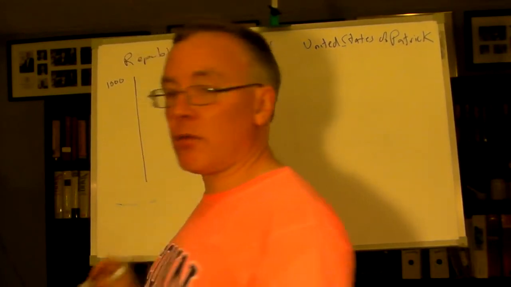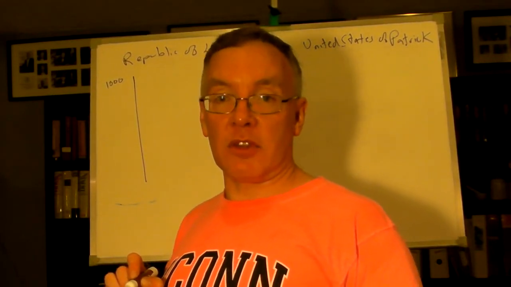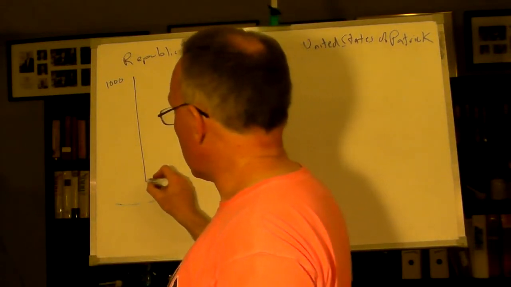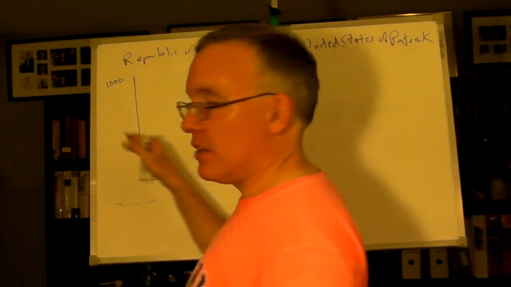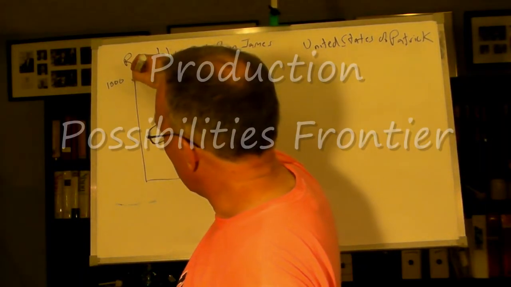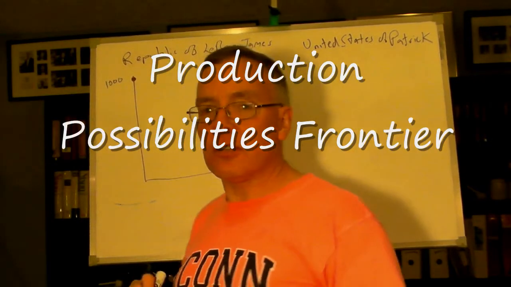And we're going to draw what we're going to call a production possibilities frontier. So in this world of only 2 commodities, if all of the resources were used to produce baskets through the hoops, in a 10-hour day, we'd get 1,000.